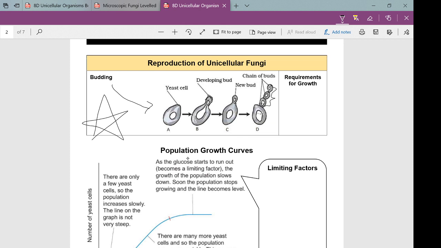Water, yeah. So we need moisture. Very good. Warmth.